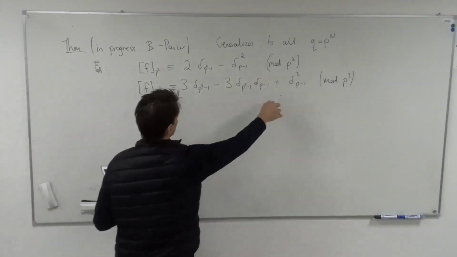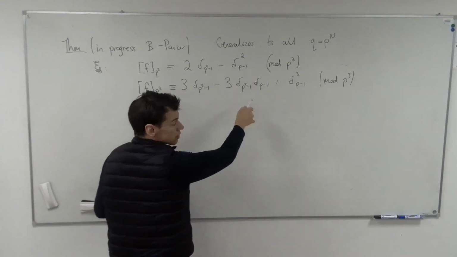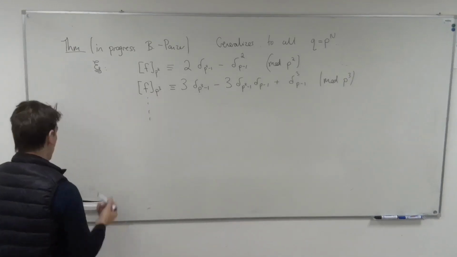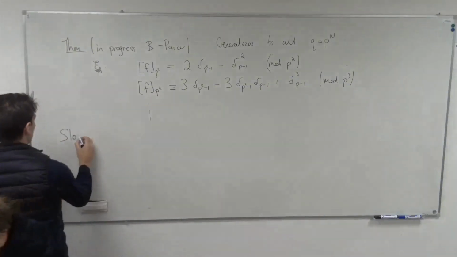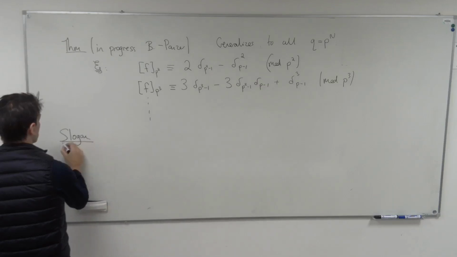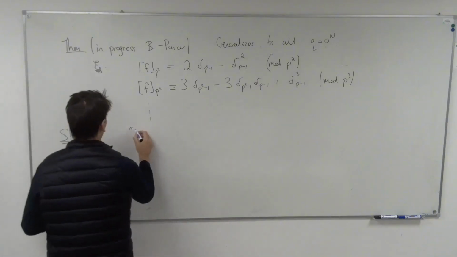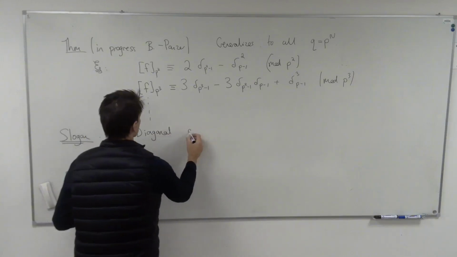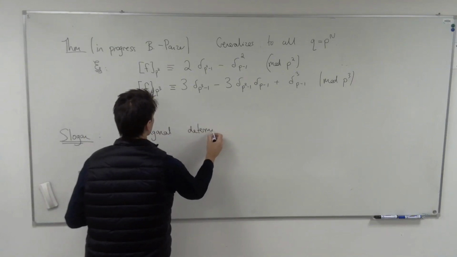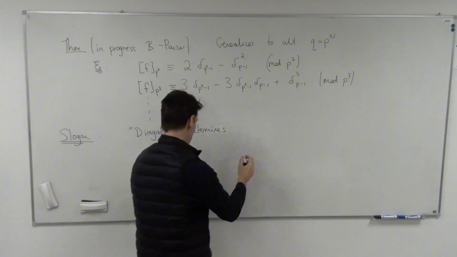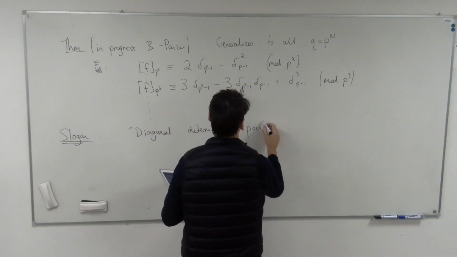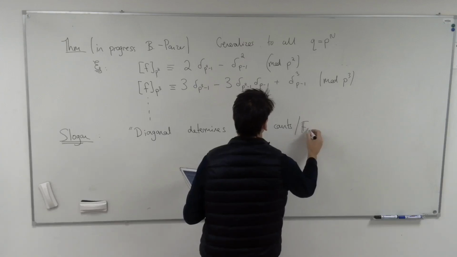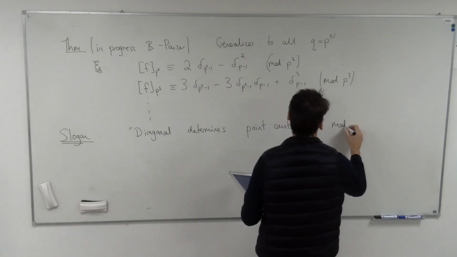So this looks like this is just the Pascal's triangle. It's not. It's more complicated. The next term is more complicated. In any case, what I wanted to say is there's a slogan, which is the diagonal determines point counts over F_q mod q.